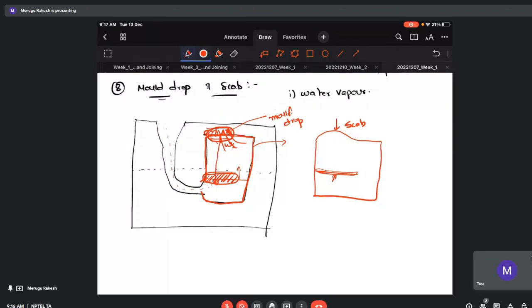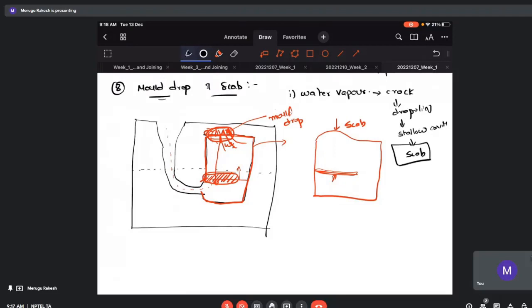Okay. So this is the scenario which occurs due to this water vapor presence: crack initiation, followed by the drop inside the liquid, that creates a shallow cavity that results in the defect called cap.